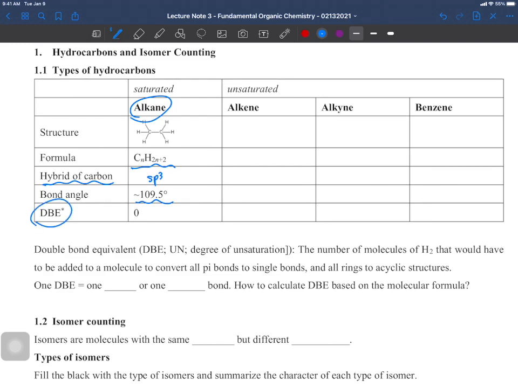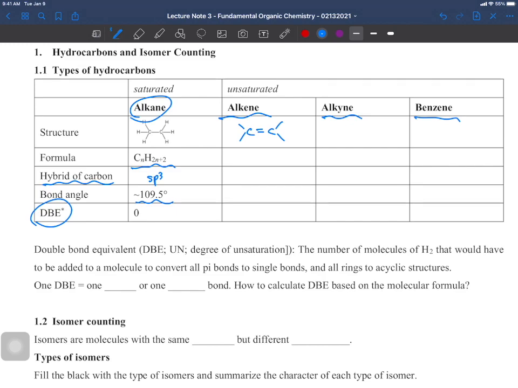And for alkene, alkyne, and benzene, all of those have unsaturated bonds, either CC double bond or CC triple bond, and some other organic compounds have CO double bond or CN double bond, so they are also called unsaturated. So we can briefly show the functional group of the alkene, which is the CC double bond.